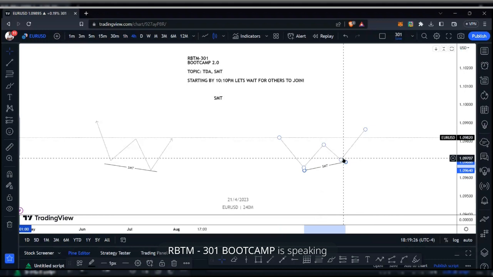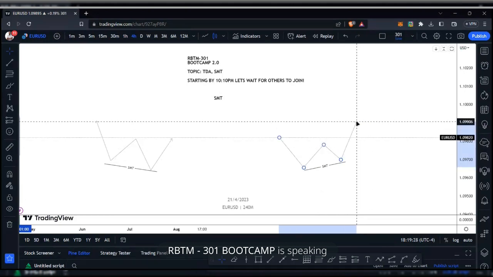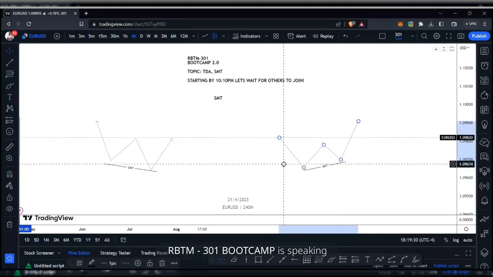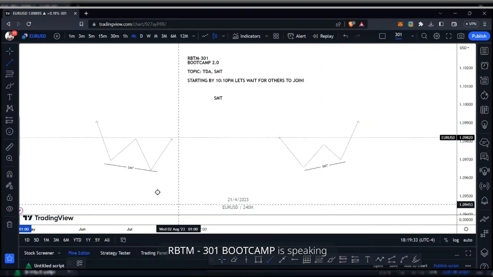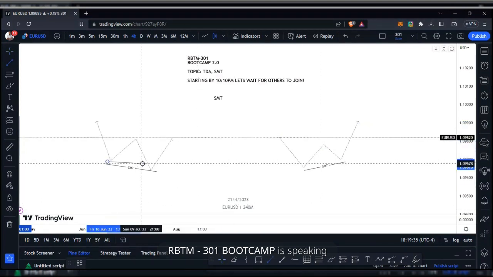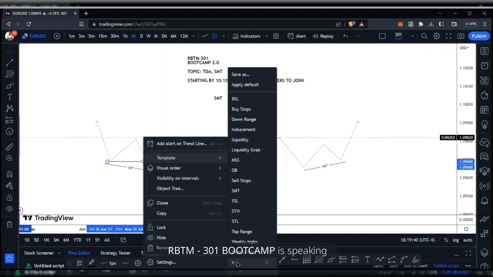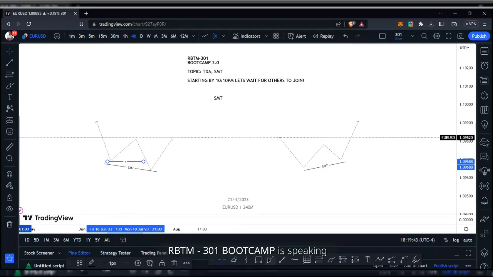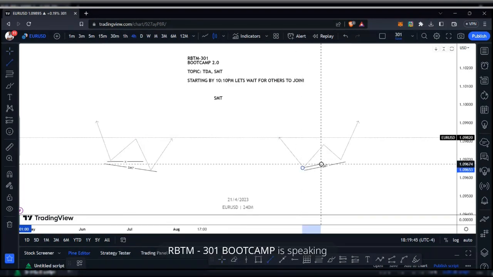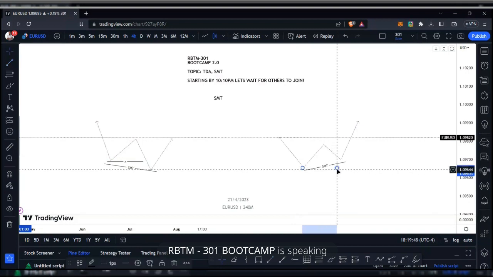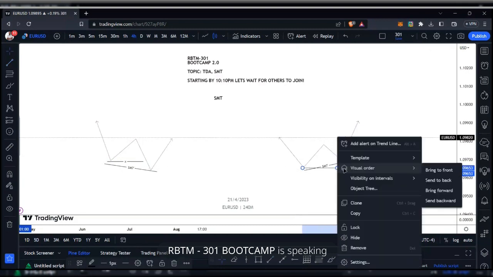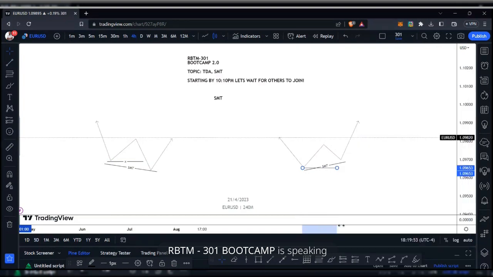One basic thing you must always look out for in SMT is when one asset takes the lows, or sweeps liquidity, and the other one does not, in bullish conditions. The opposite is the case for bearish conditions: one takes the high and the other does not.